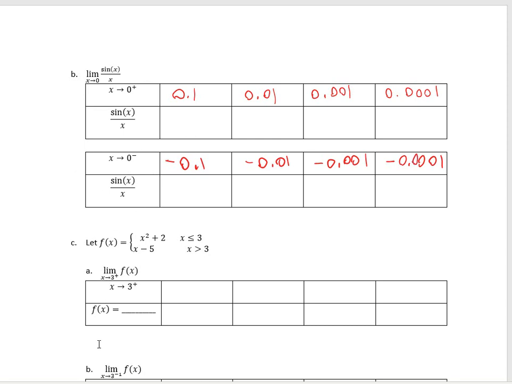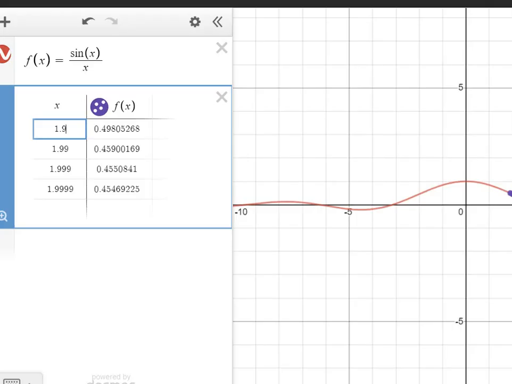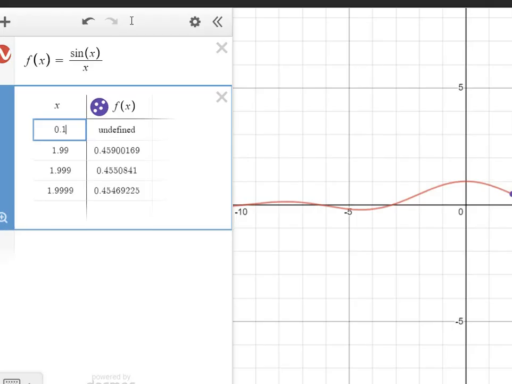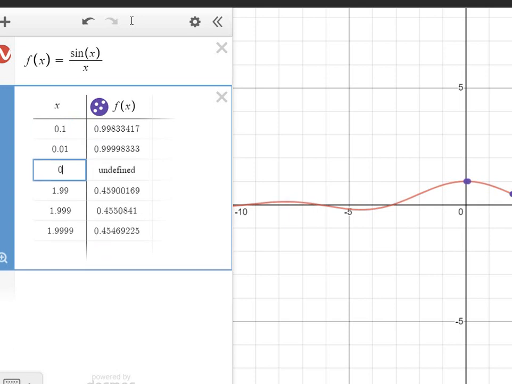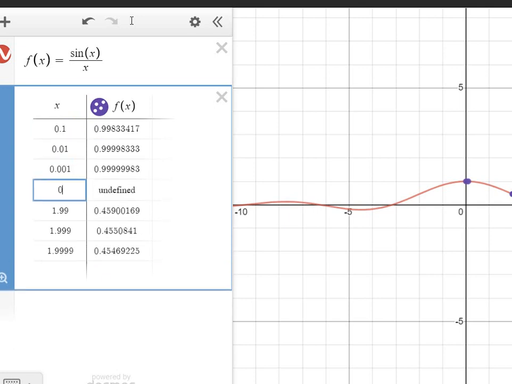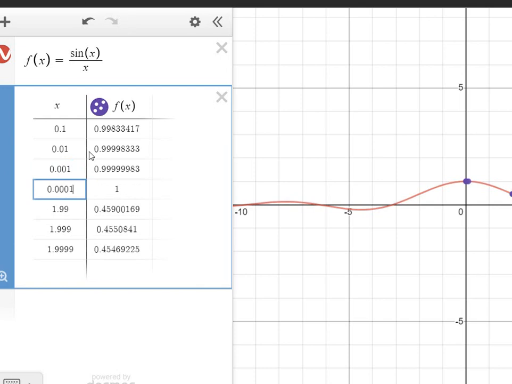Alright, let's go ahead and type in those values and see what our function is approaching. If we do 0.1, 0.01, 0.001, 0.0001, it looks like we have 0.998, 0.99999, and right here, this is actually 0.9999 with a bunch of 9s, but Desmos got so tired of writing out all of these 9s that it just rounded it up for us.